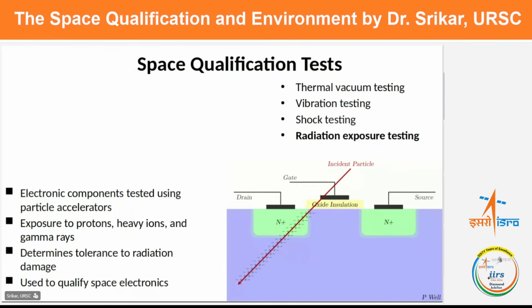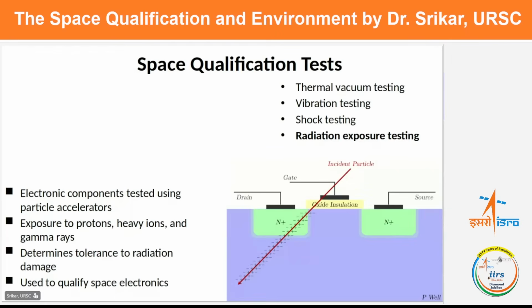So single event effects and single event upsets are some of the testing that one has to do, to see, for a given flux or fluence of radiation, how robust the system is against single event effects. Such things are done as part of the radiation qualification of space electronics.